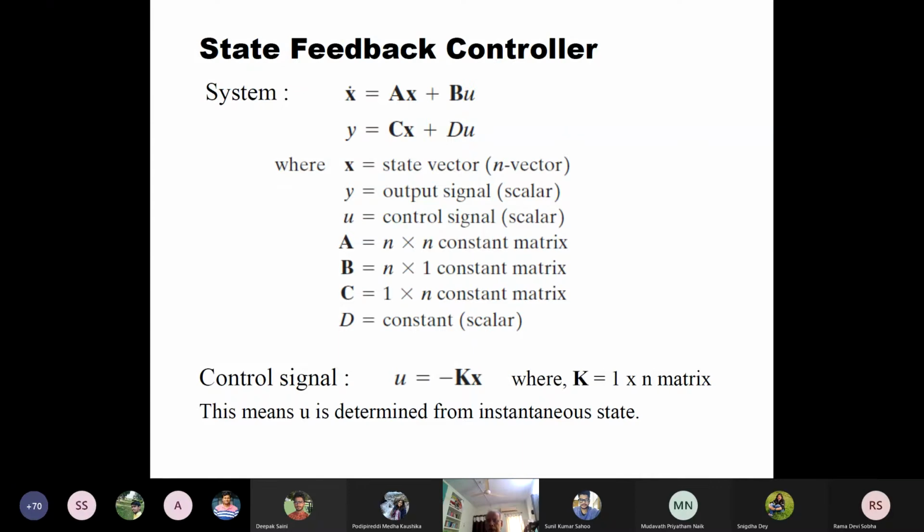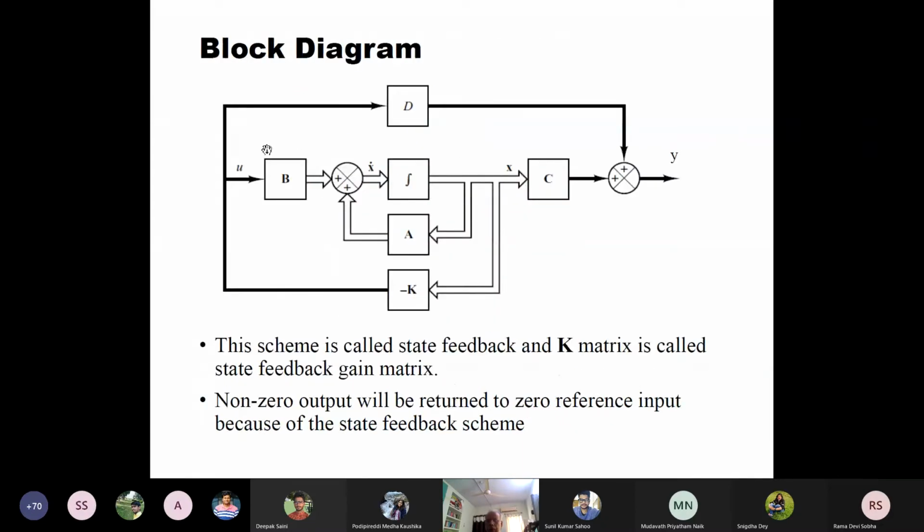If you look at the block diagram of this, you can see our state equation is x dot is equal to ax plus bu. So this is ax plus bu, and I will get x dot. I will do an integration here, then I will get the x variable.